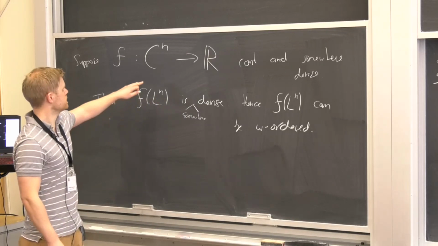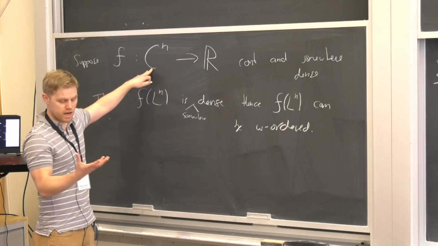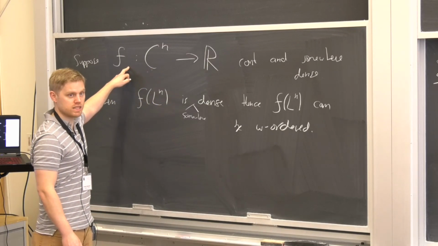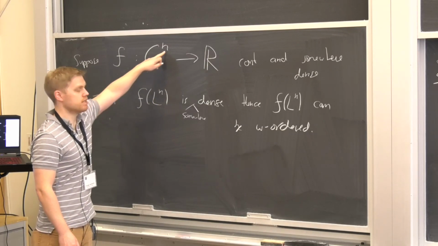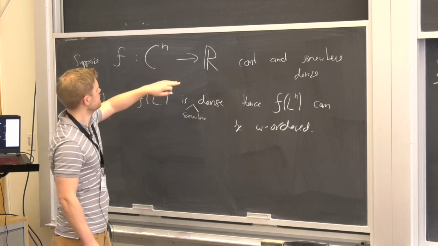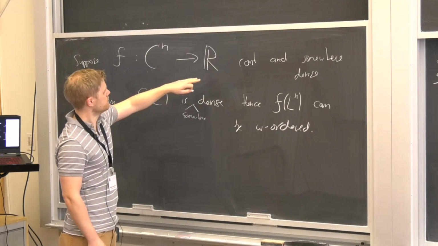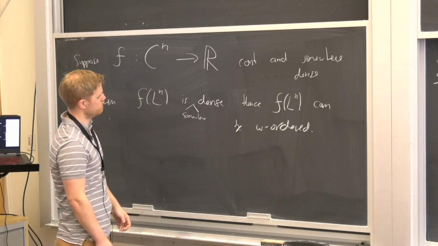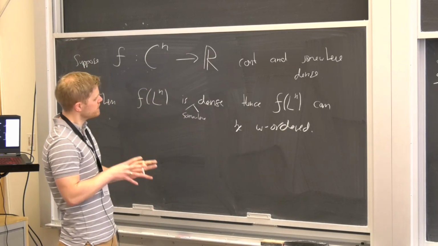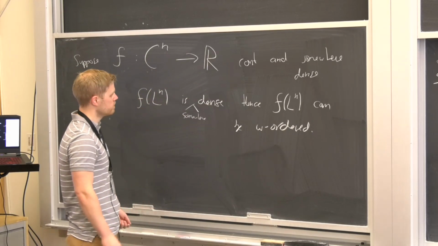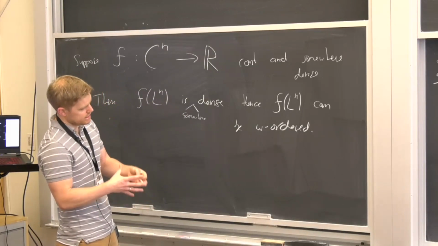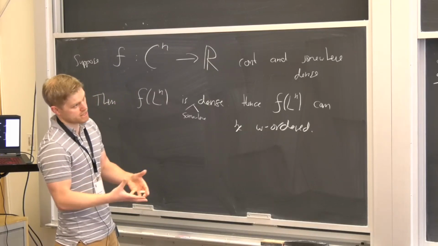But if this original Cantor set has too large a dimension, then you can often find these functions f and powers n such that this is too big, and then you get into trouble. That's really the idea. You have to be a little bit more precise, a little bit more careful. But really the idea here is that you have this dense omega ordered set, and you have to be careful when it becomes dense.